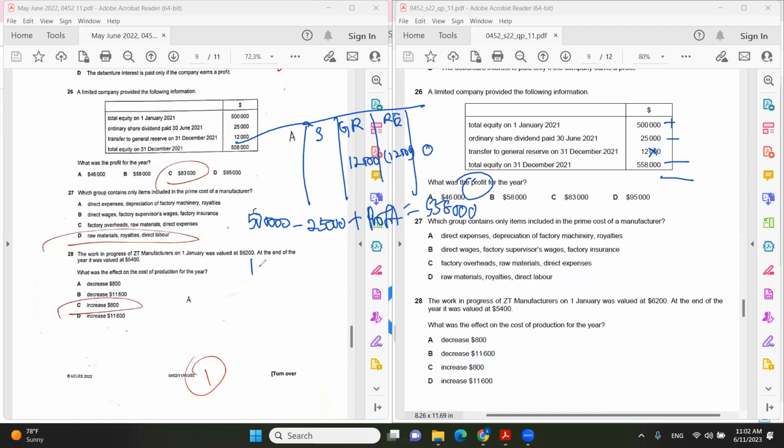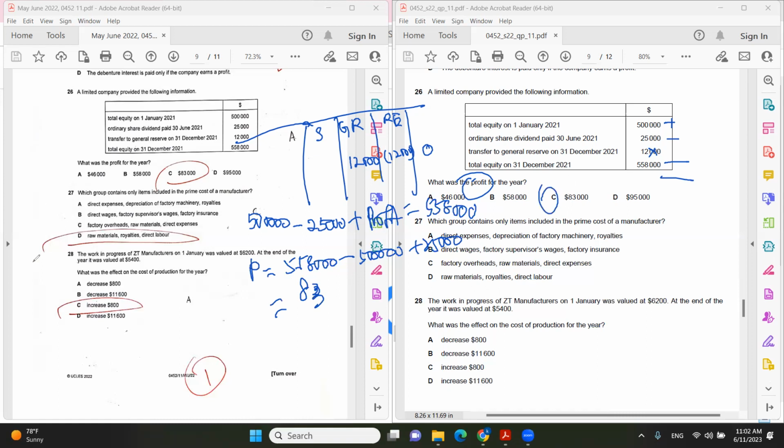So my profit will be 558,000 minus 500,000 plus 25,000. Let me count: 558 minus 500 plus 25. So the total profit is 83,000. So the answer 83,000 should be C.